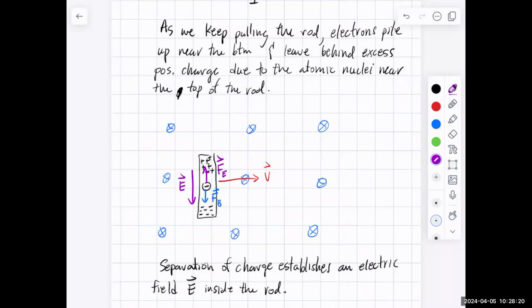So as more and more charge gets separated, the electric field gets stronger and stronger, and that electric force gets bigger and bigger. Eventually, what will happen is that electric force will exactly balance the magnetic force, and the charges will stop moving, and we'll have established an equilibrium.